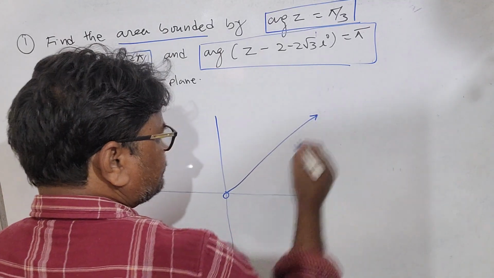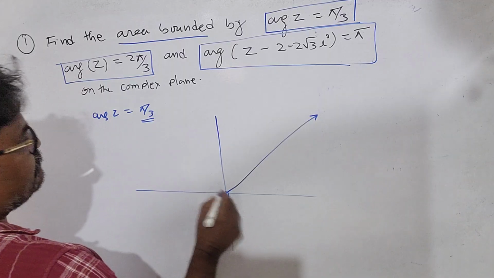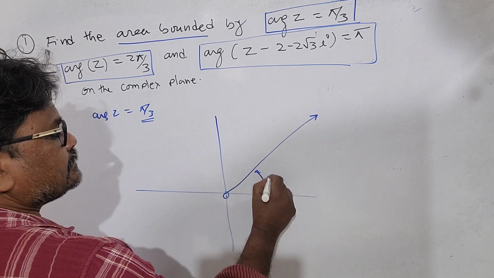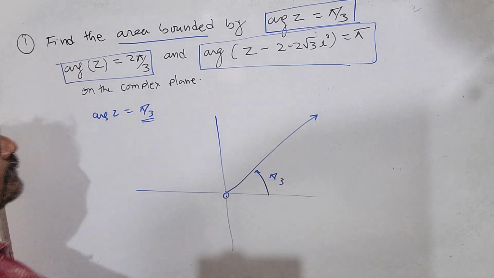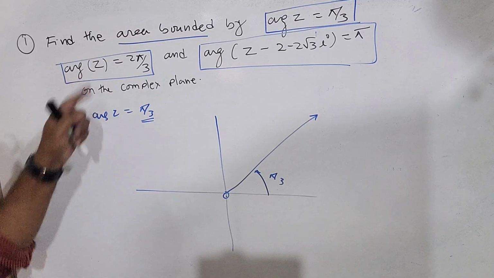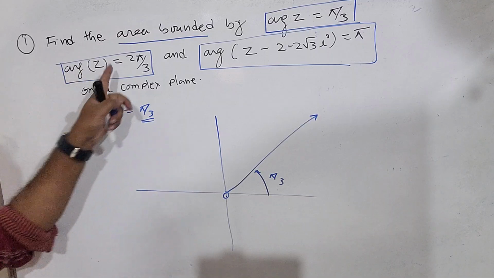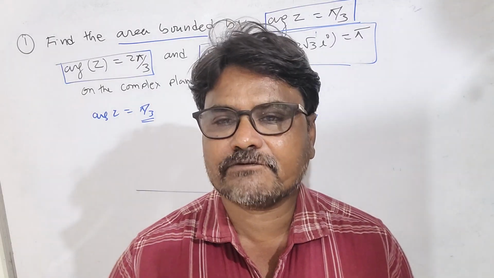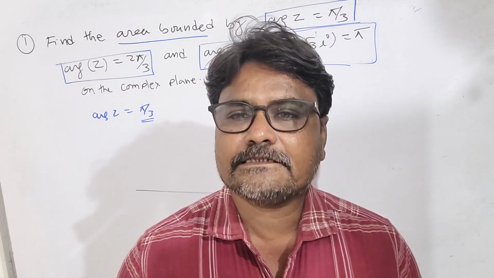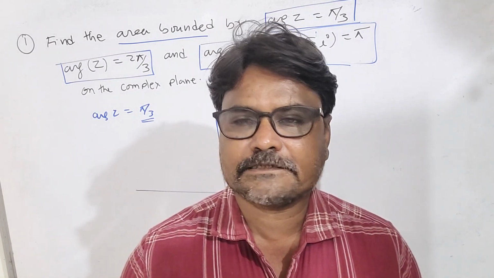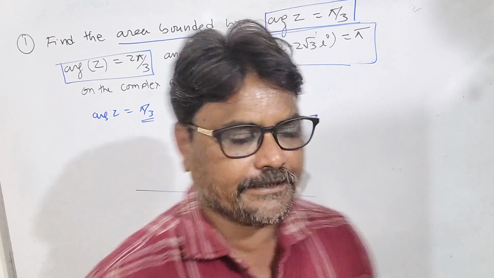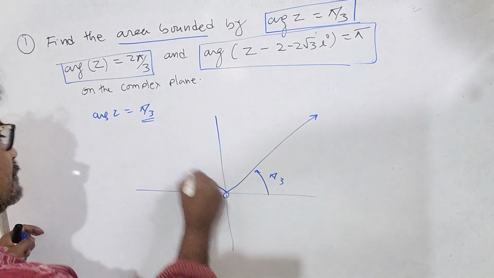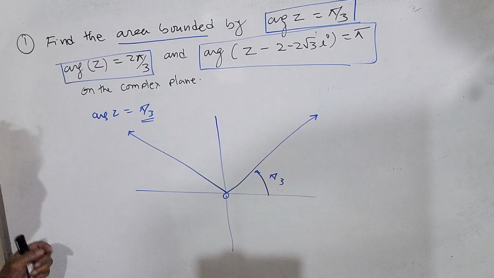This is a ray, but the origin is not included over here, so this angle is pi by 3. Now coming to the second locus, argument of z equal to 2 pi by 3 is again a ray originating from 0, but as the argument is 2 pi by 3, this ray will lie in the second quadrant. That is finished. This is another locus.